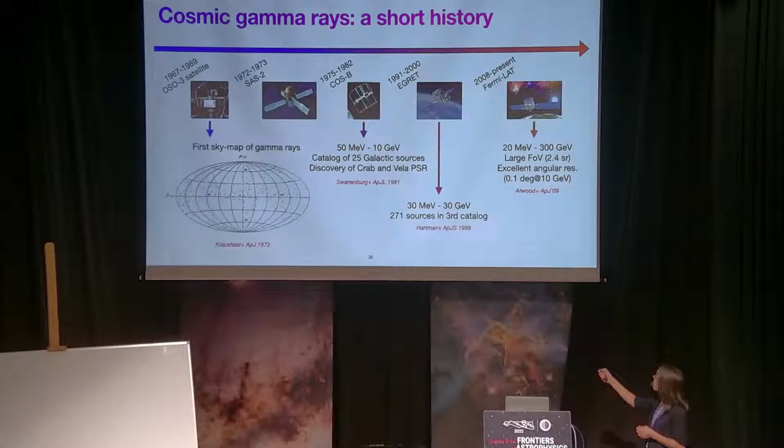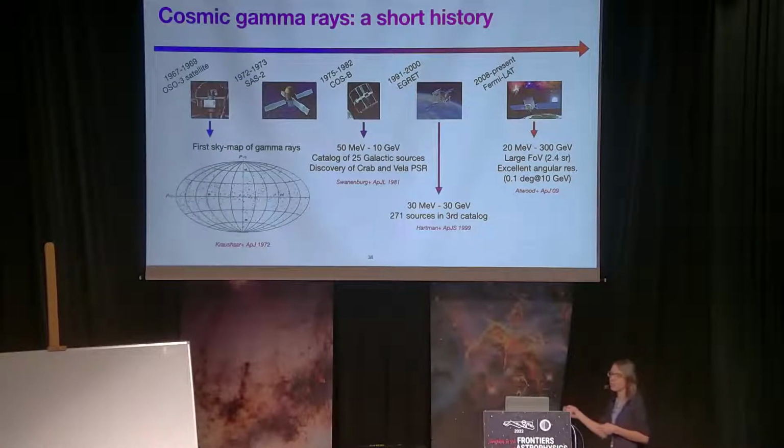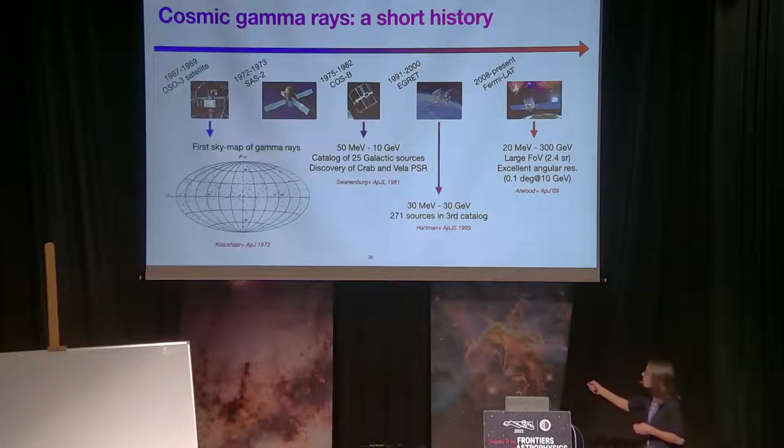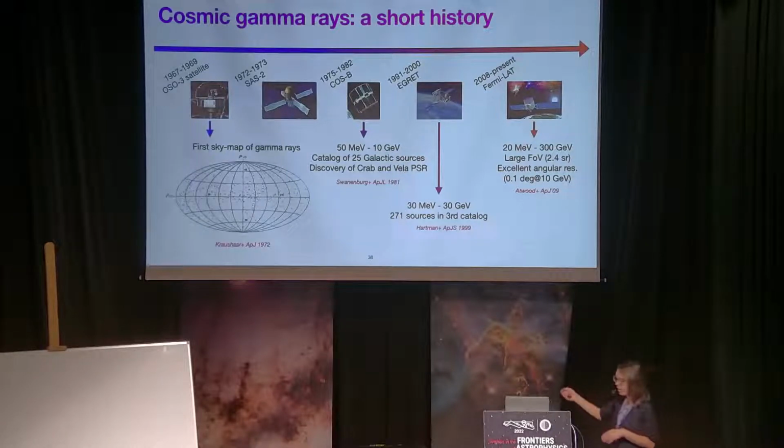And it was really at the end of the 90s with the EGRET satellite that we started to do gamma ray astronomy by measuring excess of photons in the direction of known cosmic ray accelerators and sources. So we had 200 sources identified in gamma rays in the soft GeV regime.